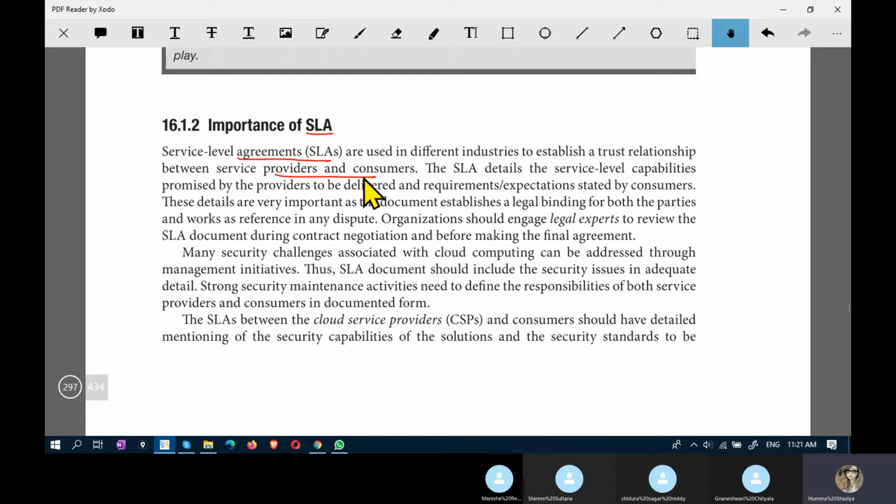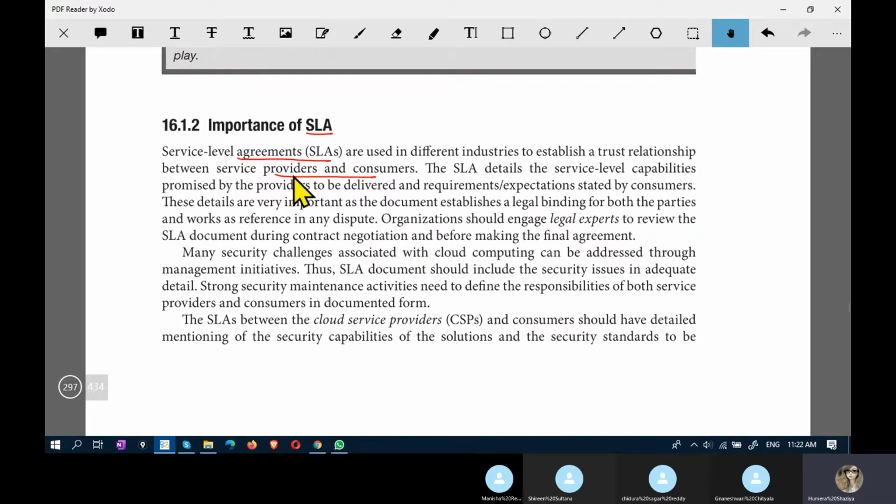Even if it is exposed, it cannot be understood, because it is in some scrambled, unreadable format, a format which cannot be understood if it is in encrypted format. And the consumer says, okay, I'm ready to pay this much if you provide me encryption.